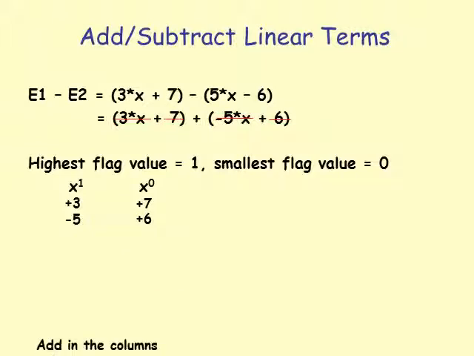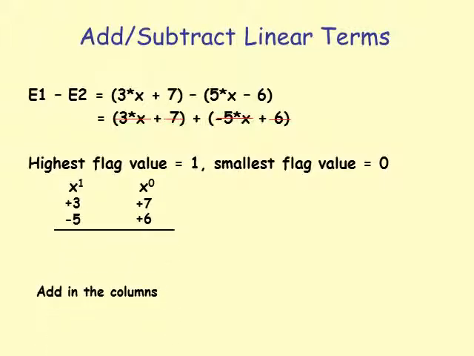Let's continue. Now we would add up in the columns. So 3 minus 5 is minus 2. And 7 plus 6 is 13. So that means I have minus 2x plus 13 as the result of doing E1 minus E2.